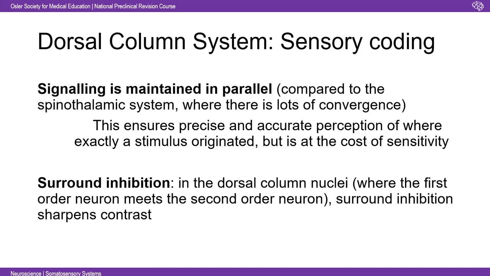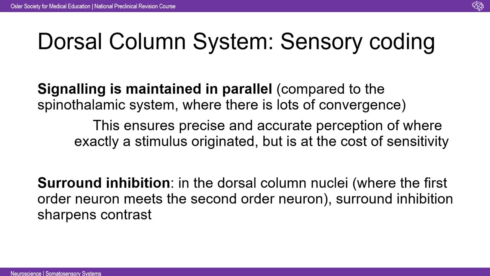So if one region of neurons is firing really strongly, not only will they be firing more strongly than the neurons around them from the start, because they're being stimulated by their receptor, they actually actively inhibit the surrounding area. So that massively increases the potential to distinguish between 2 points, because between them, it's almost like your dorsal column system is actively turning off a stimulus. It's even better than there being no stimulus, if that makes sense, because they're actively enhancing the contrast between them.